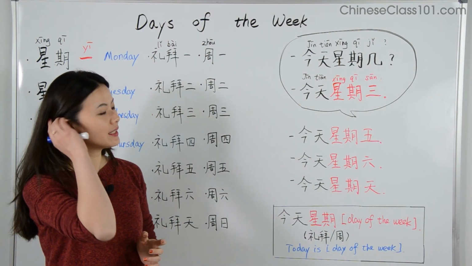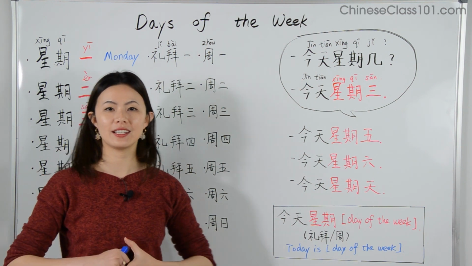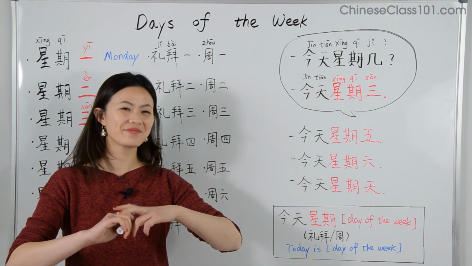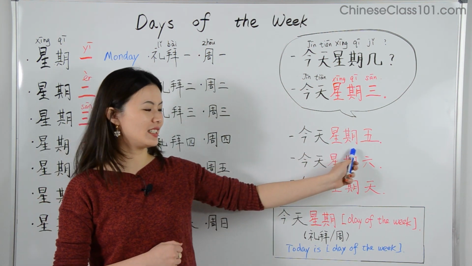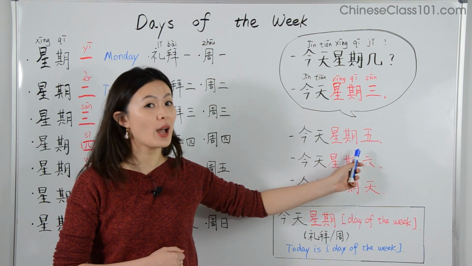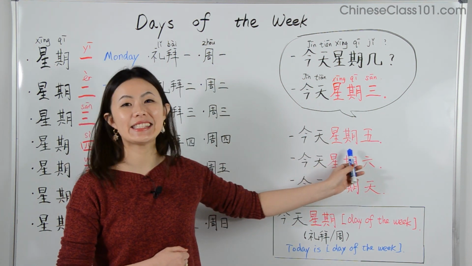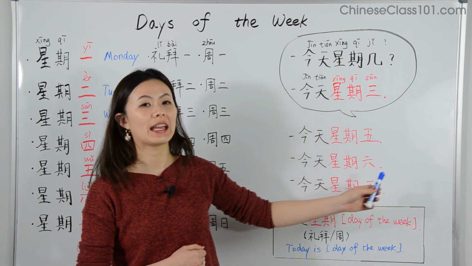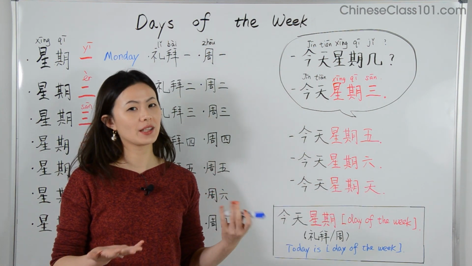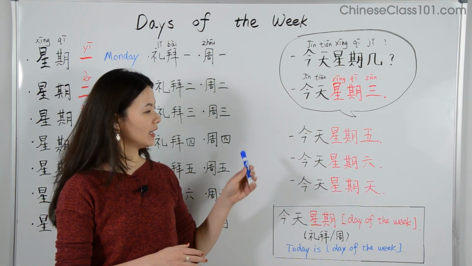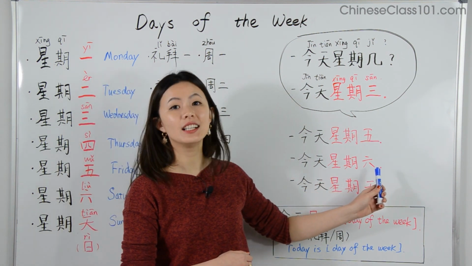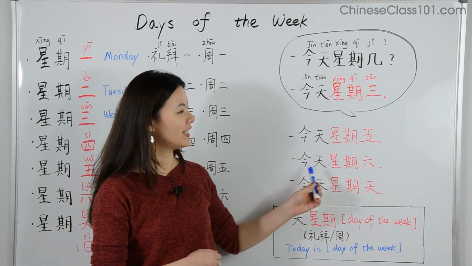Now, let's say today is Friday. How do you say that in Chinese? 今天星期五, day 5 of the week. And what about Saturday? Today it's Saturday. 今天星期六.